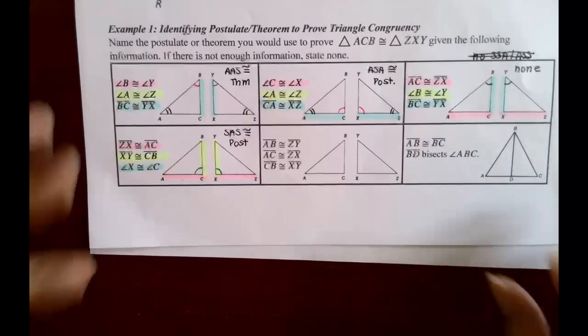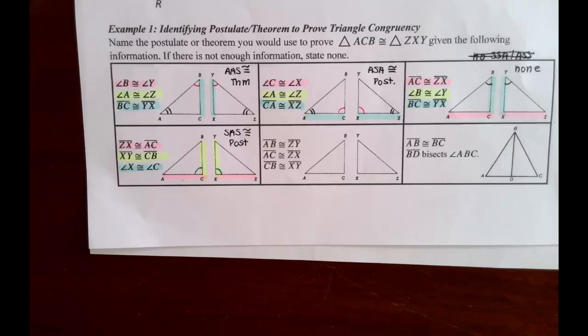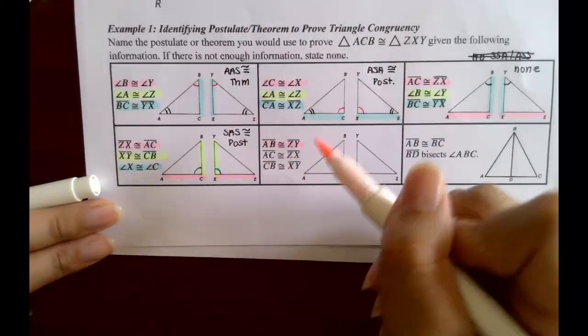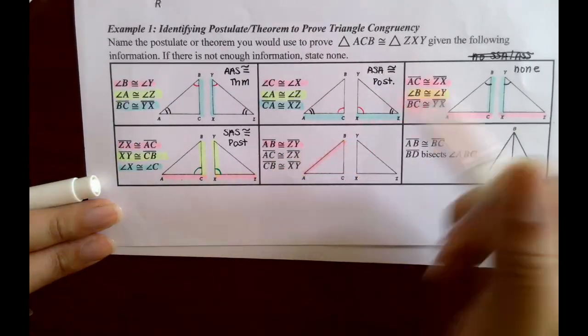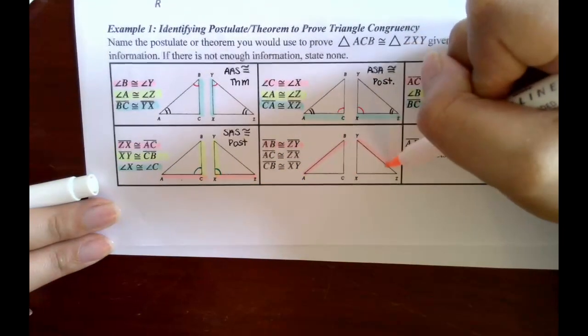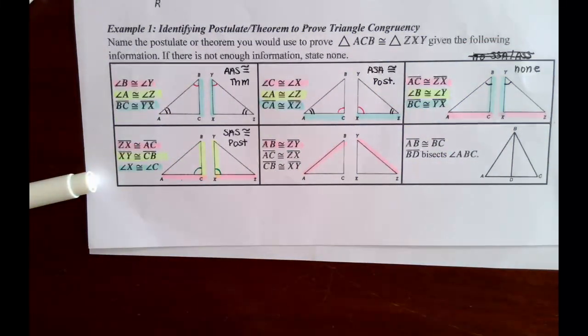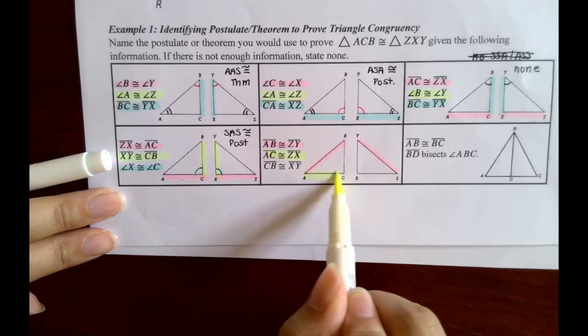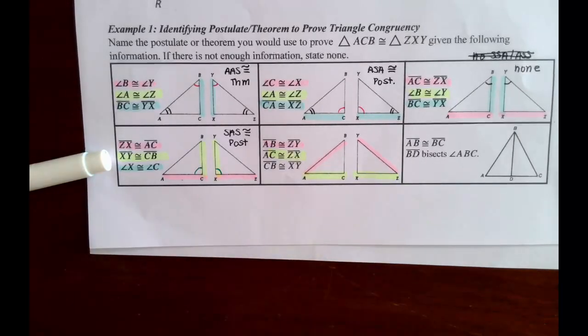Okay. Then here's the next one. So we have AB is congruent to ZY. So AB is here, congruent to ZY. We have AC congruent to ZX.